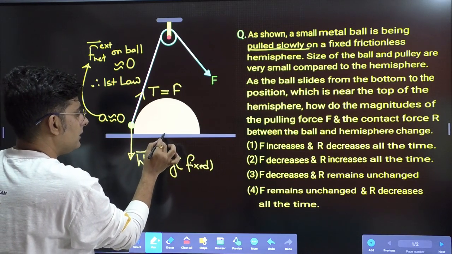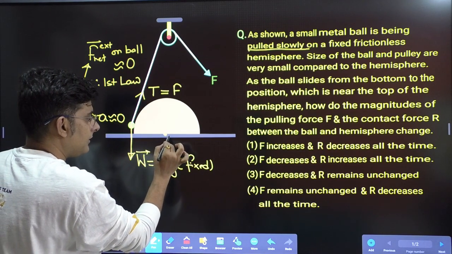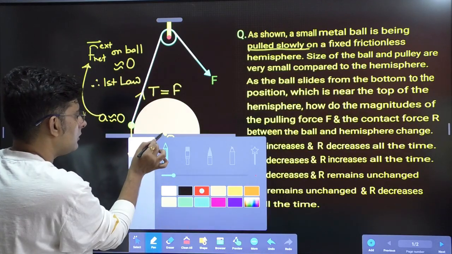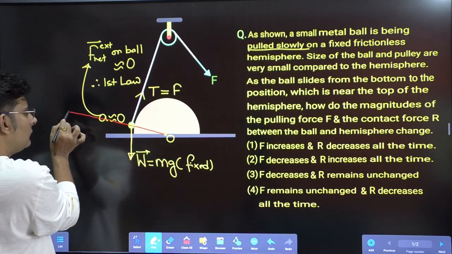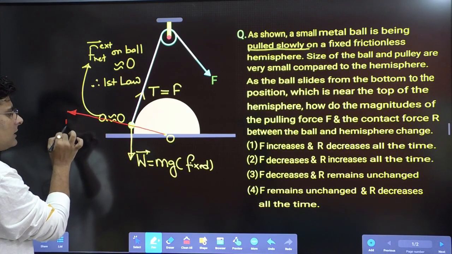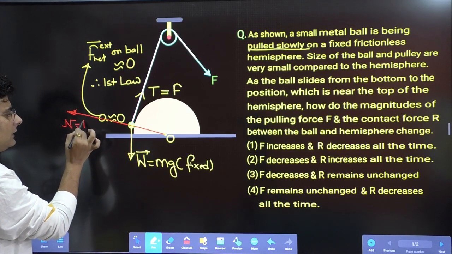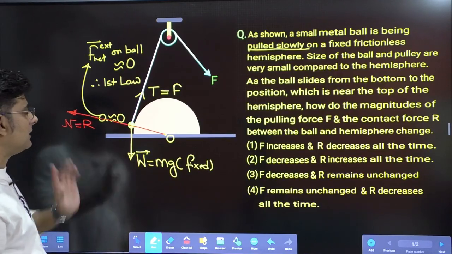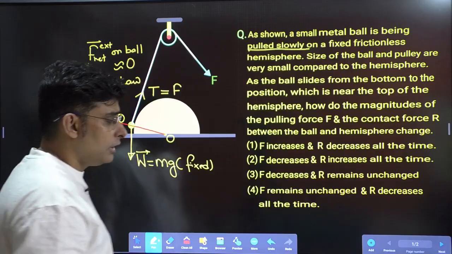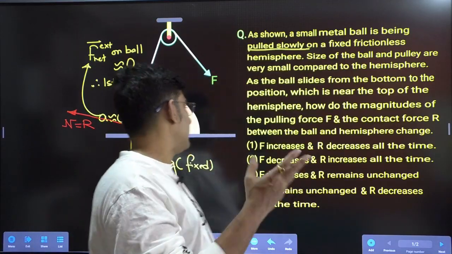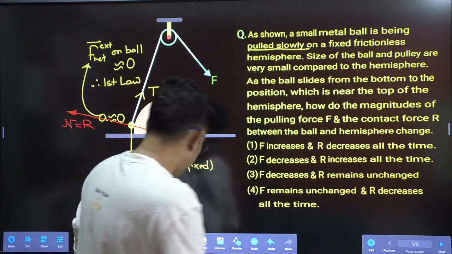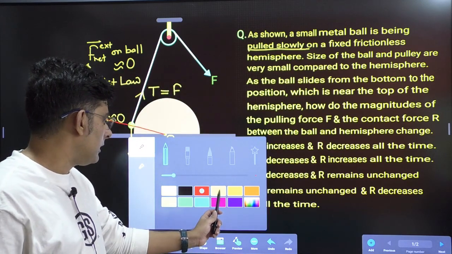And if you take this as the center of the base of the hemisphere, we have one more force which is the normal reaction. In the question they are taking it as R. So these are the 3 forces acting, right? And we have to apply the first law. So we know that whenever we have 3 forces acting on a body and it is in equilibrium, we can directly apply Lami's theorem. So let's see how, with the help of Lami's theorem, we are going to solve this question easily and quickly.